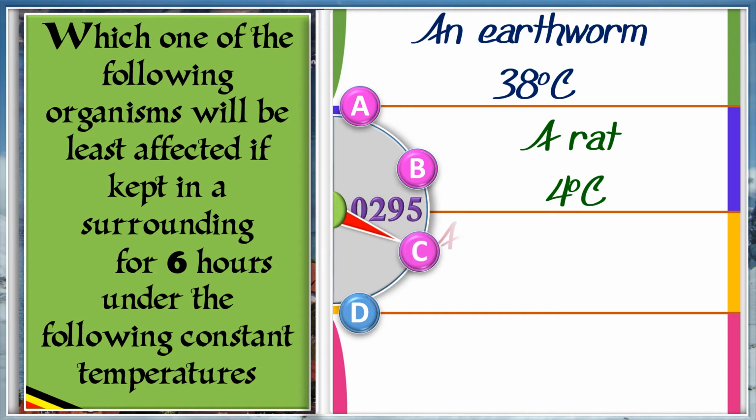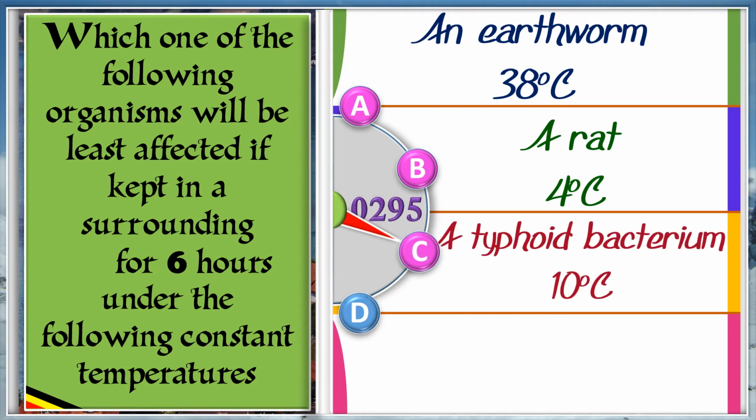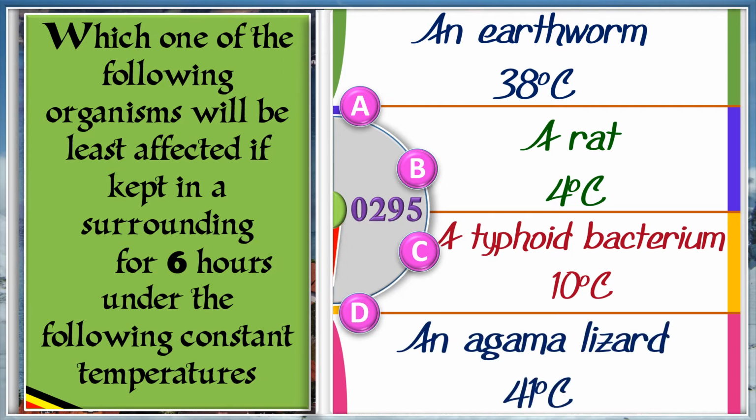C. A typhoid bacterium at 10 degrees Celsius. D. An agama lizard at 41 degrees Celsius? And the answer is C, a typhoid bacterium at 10 degrees Celsius.